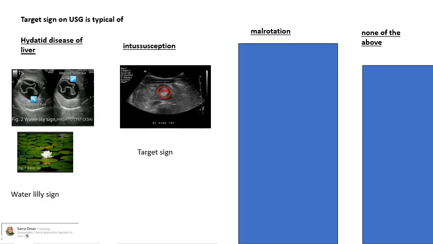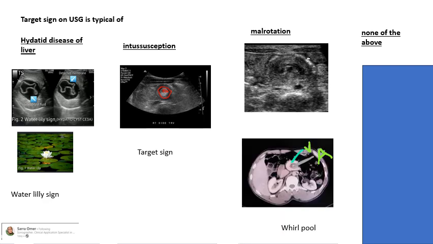Is it in malrotation? People tend to confuse the target sign with the malrotation sign. Let's have a look. See, in malrotation, you will have something known as a whirlpool sign. It's like a whirlpool. You can see 3-4 layers there. So in malrotation, it will be a whirlpool sign, and this is confirmed with your CT.